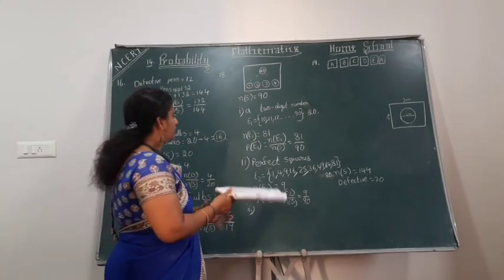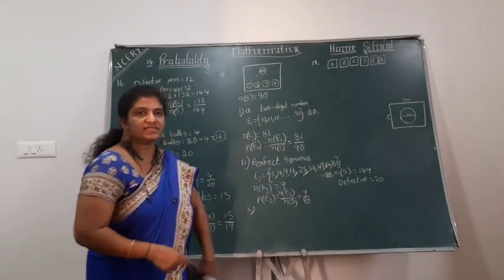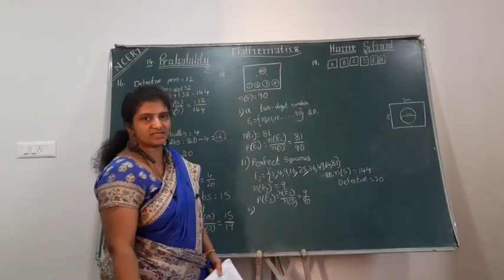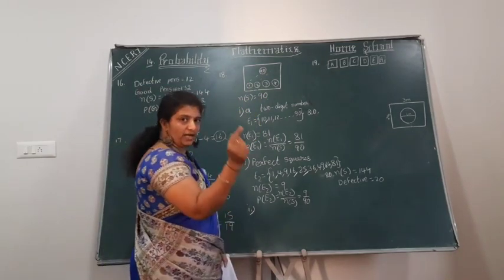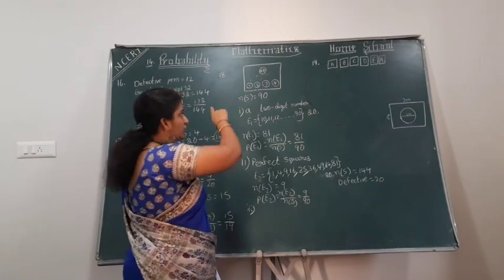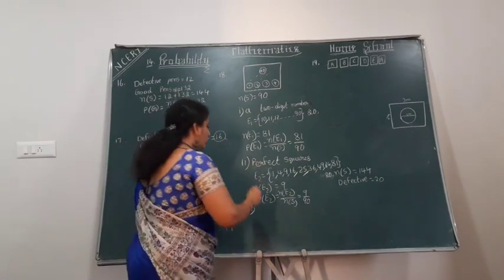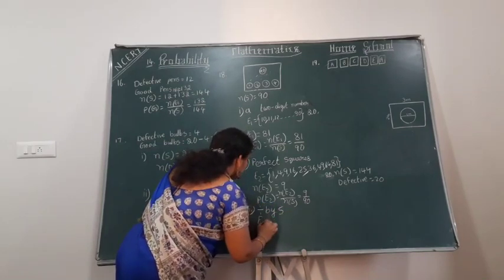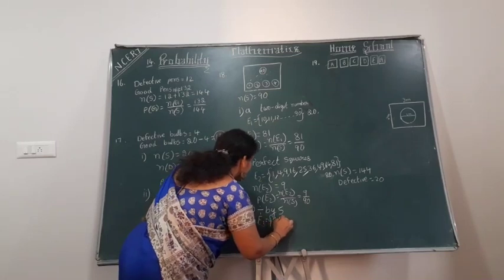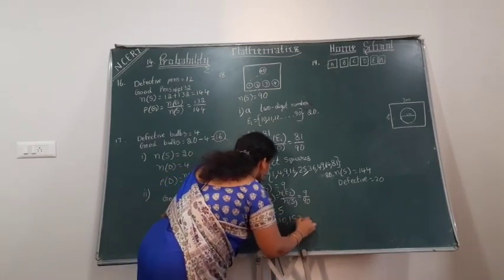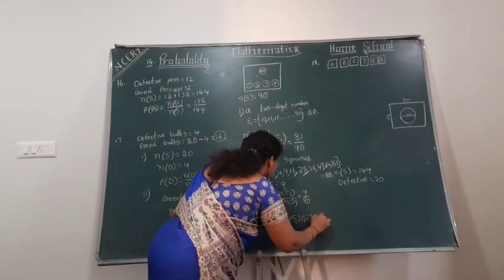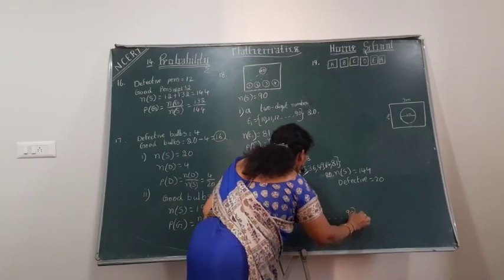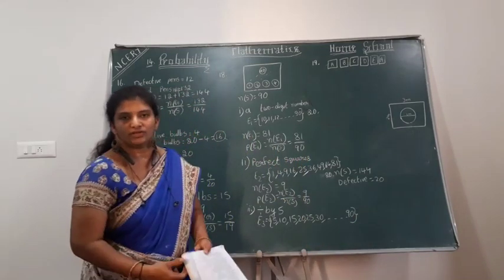Third sub-question here: a number divisible by 5. See, in this box, what are all the numbers which are divisible by 5? You should remember the range, 1 to 90. What are all the numbers which are divisible by 5? Let the event be E3. Start with the set 5, 10, 15, 20, 25, 30, and so on up to 90. If you want, you can count with your fingers.